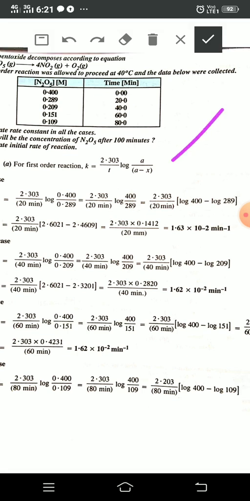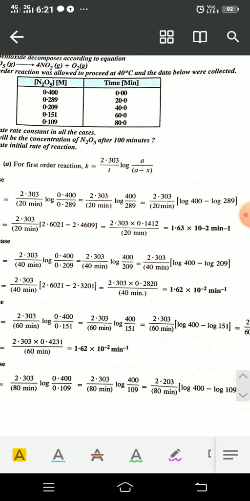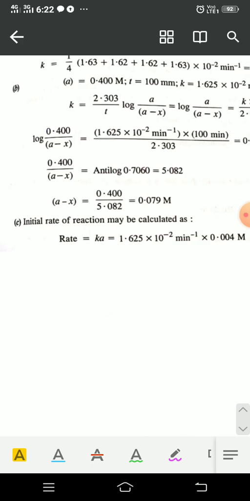Here, different final concentrations are given at different times, and here is the numerical. So when you read in the book, you will be able to solve the numericals.